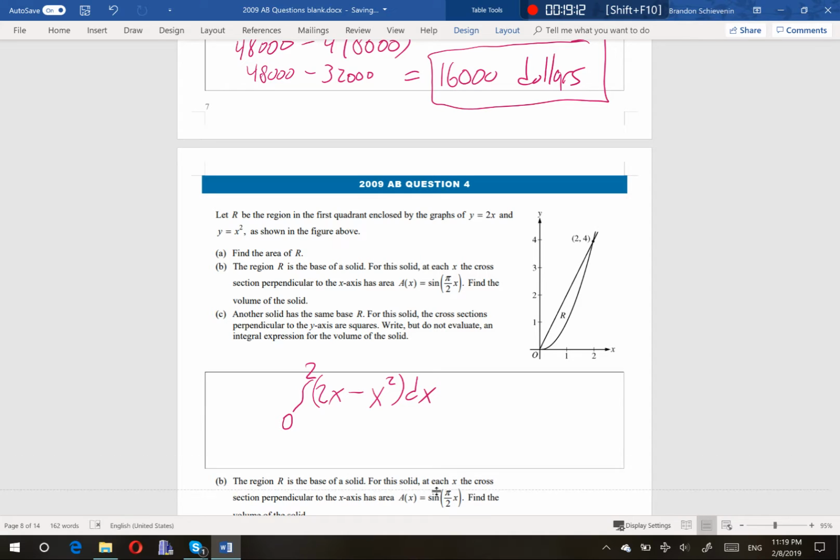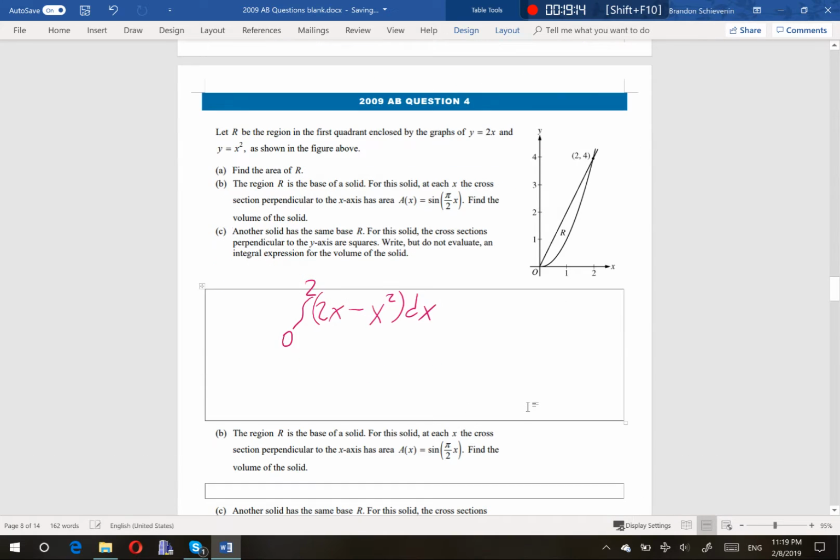So I just need to integrate this then. Hongyan, if I integrate 2x, what will I get? x squared. Nathan, if I integrate x squared, what will I get? x cubed over 3.